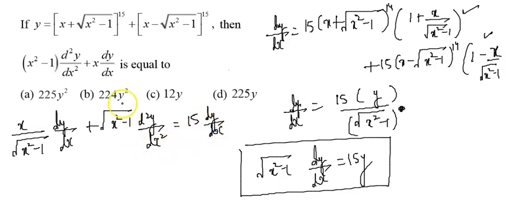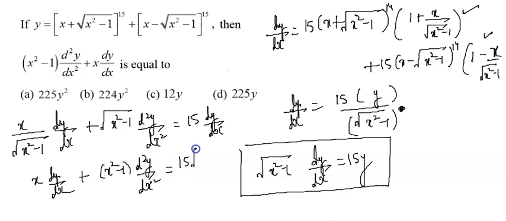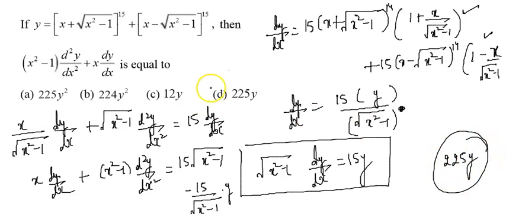Okay, that means x into dy by dx plus x square minus 1 into d2y by dx square. This will be equal to 15 root x square minus 1 into dy by dx, so 225 y. This should be your final answer. Option D is the correct answer to this question.